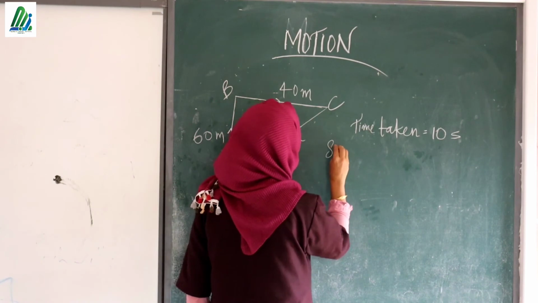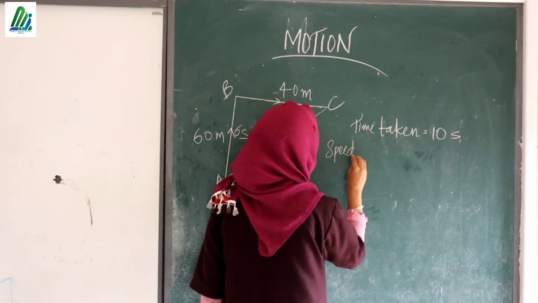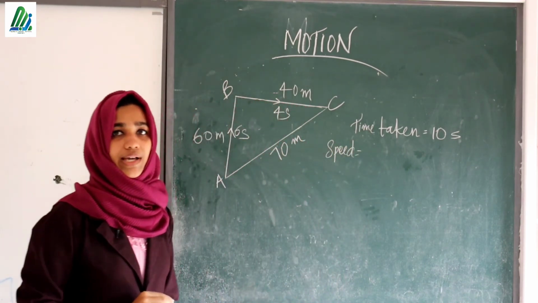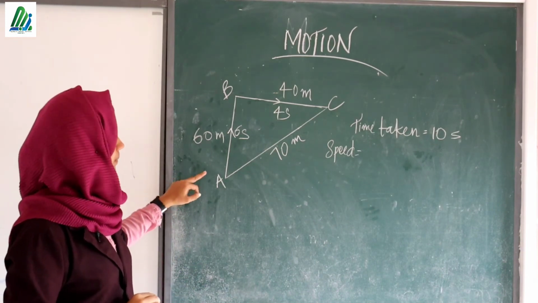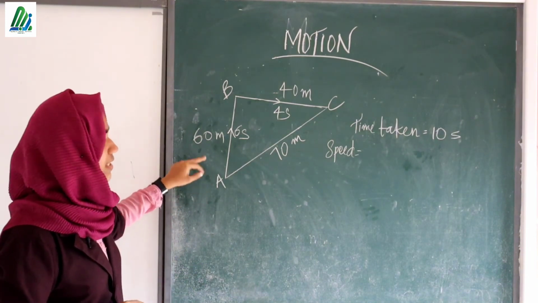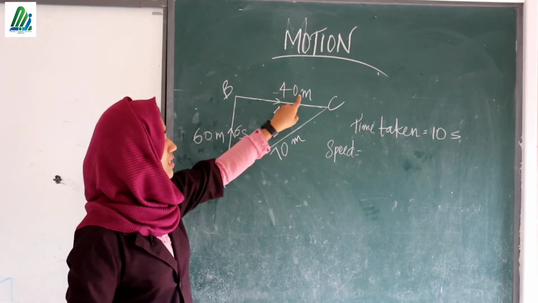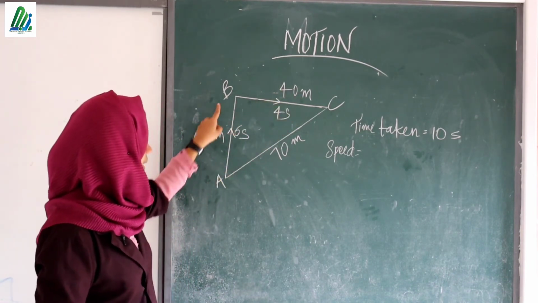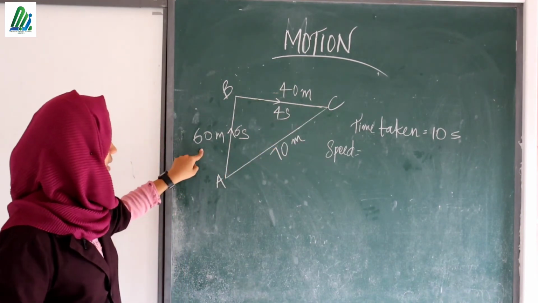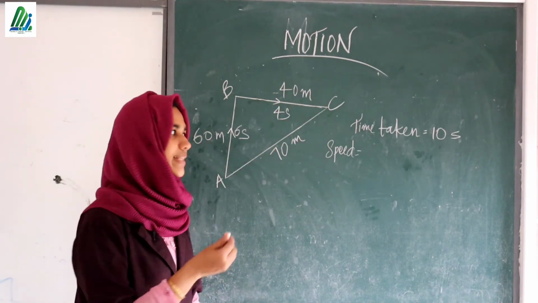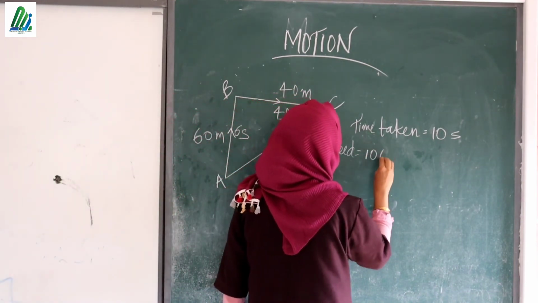So we have an equation for finding speed. Speed is equal to distance by time. Then what is the distance in this figure ABC? AB plus BC, that is 60 meter plus 40 meter, that's equal to 100 meter.